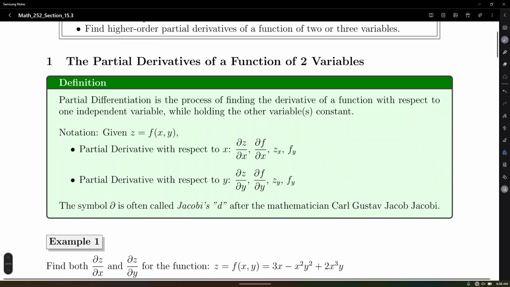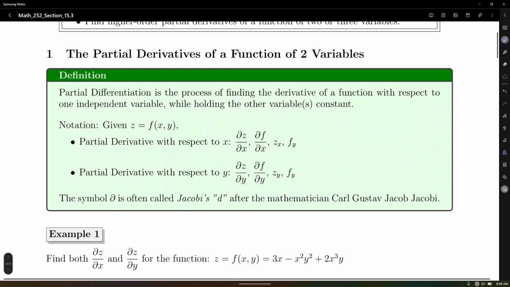Well, we have different notations for partial derivatives. Back in Calculus 1, you learned about dy dx. Initially that was just one symbol to denote the change of the dependent variable y with respect to the independent variable x.